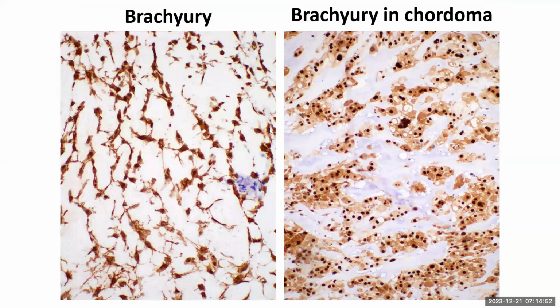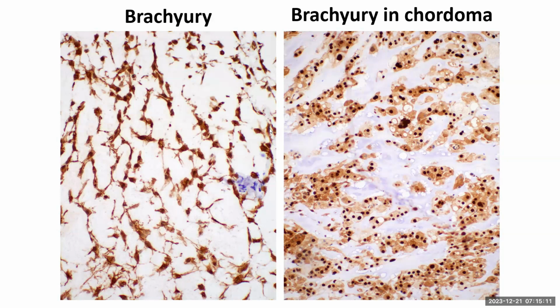Now, brachyury is a marker. It's an embryonal transcription factor that is overexpressed in chordoma on the right side. You can see a chordoma case, a very different morphology from what you see on the left.